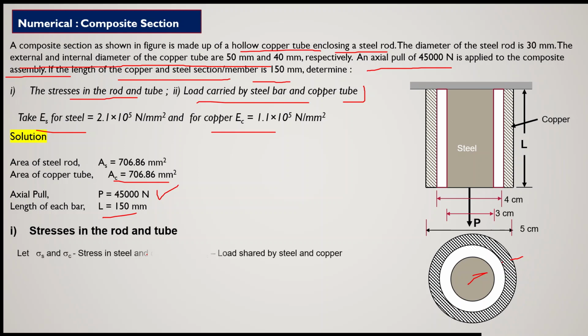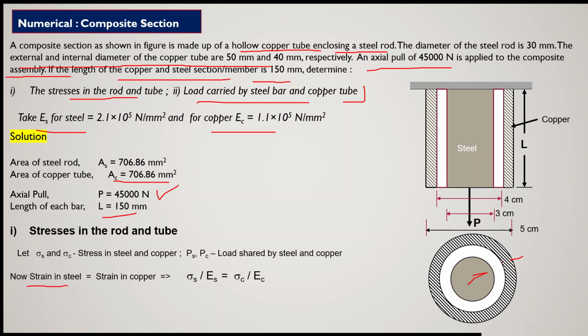So what is the methodology? Let us consider sigma S as the stress in steel and sigma C as the stress in copper. Similarly, P S is the load carried by steel and P C the load carried by copper.